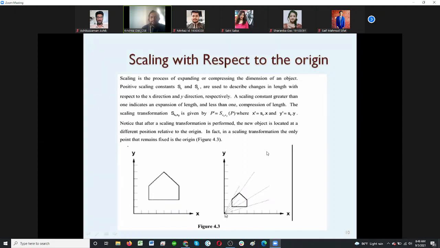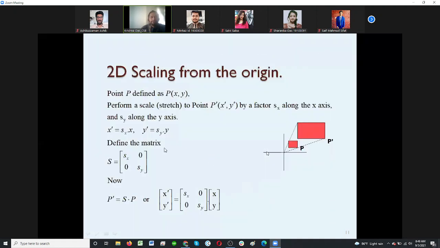For example, if we make the x coordinate double based on the scaling factor, we have to count from the origin, and then we can make it double. So scaling also has a scaling factor, the same as rotation.